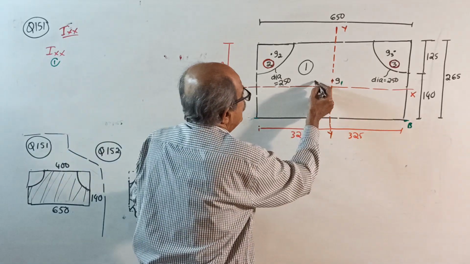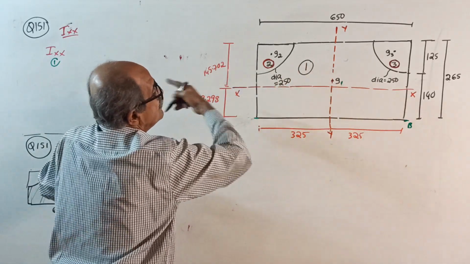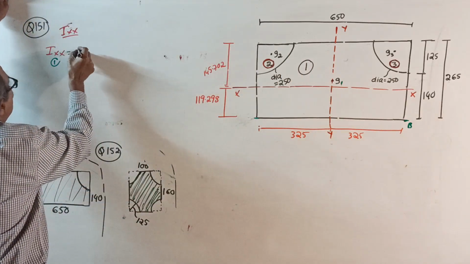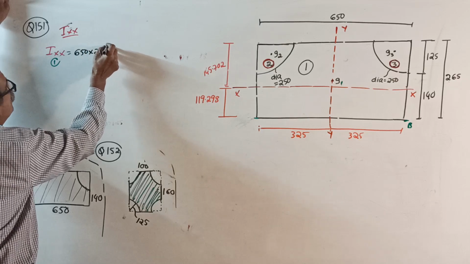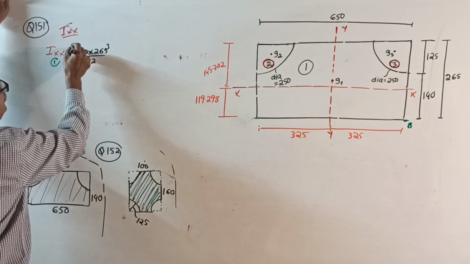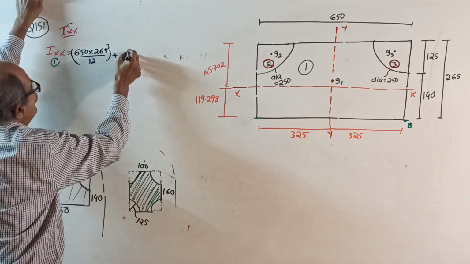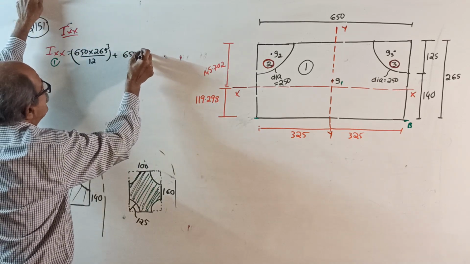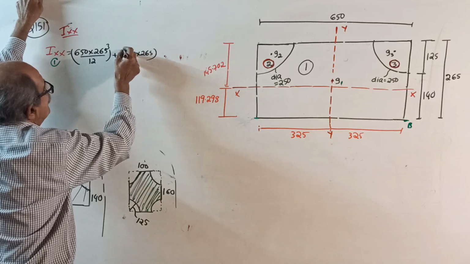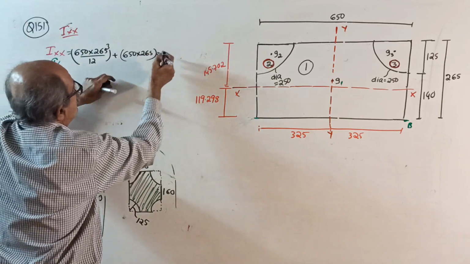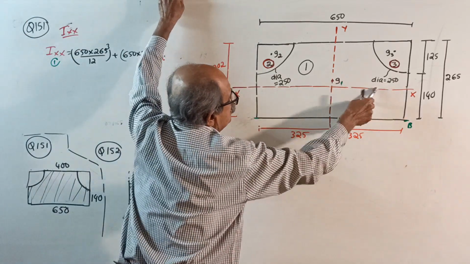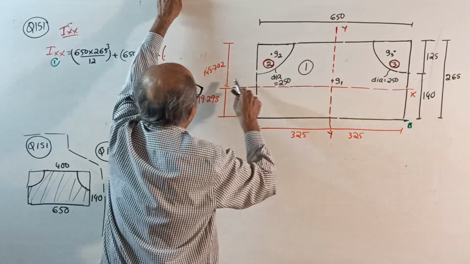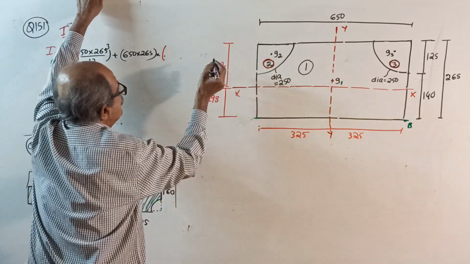I about its own centroid of the axis is 650 into 265 cube divided by 12, is IG, plus area, 650 into 265 is the area, into the distance from the centroid of the rectangle to XX. This distance square is 145.702.